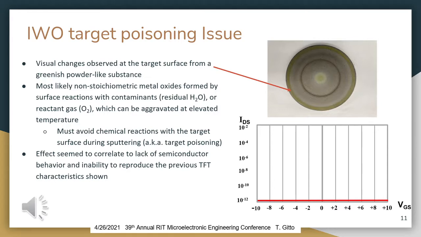So we were actually getting these awful curves that just yielded us no real reasonable data, and we didn't know why, until we decided to look at the target and found out that it is green and has this green circle around it in the center and a very pronounced racetrack, much different than what it's supposed to look like.